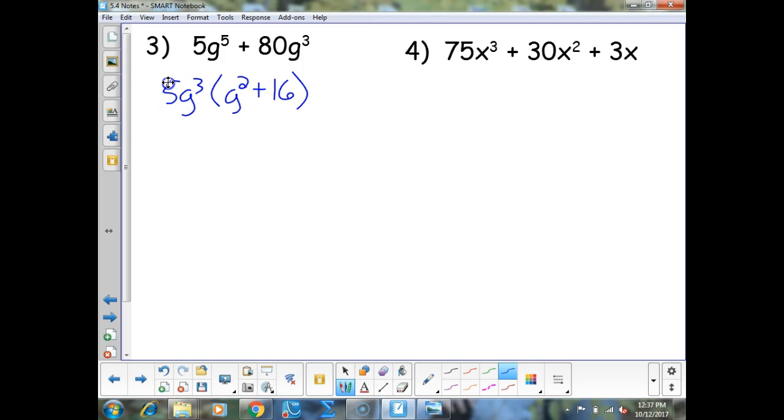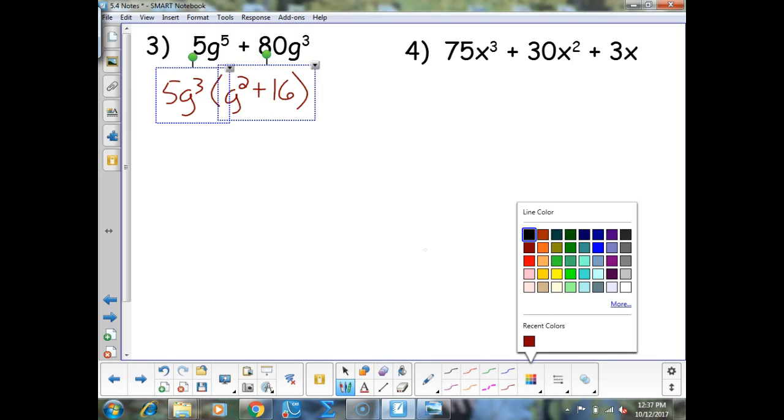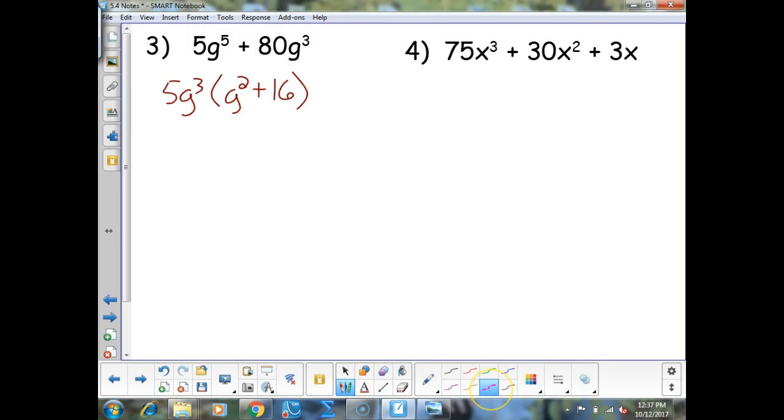Can I factor g squared plus 16? No, I cannot. But why can't I? Because it's the plus sign.